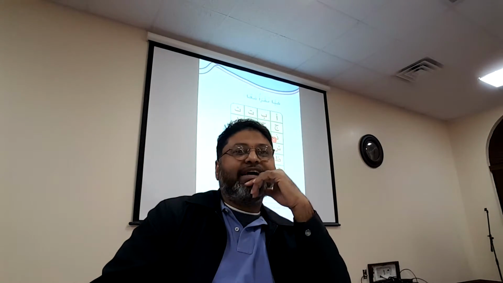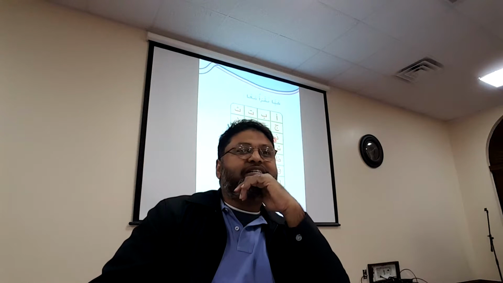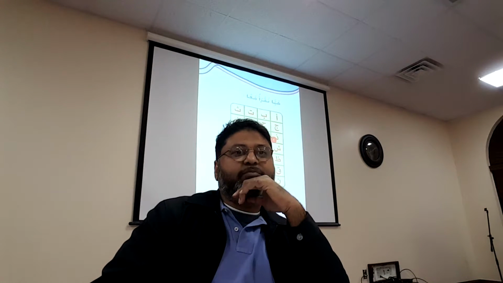The next one almost looks like a raw, but it has a dot. This one is Zain. It's kind of like a Z, starts with a Z like a zebra.